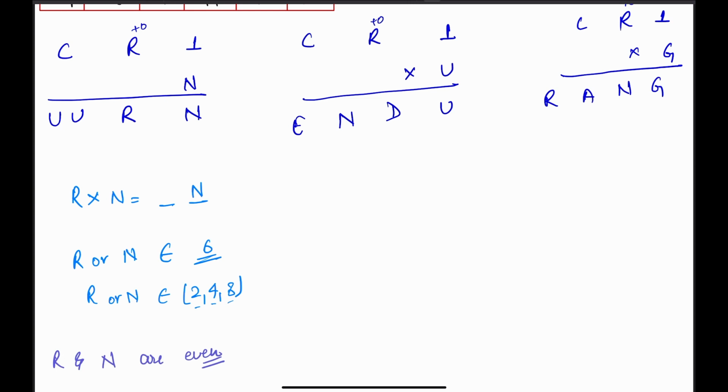So one thing I can say, either my R or N is even, R and N is 6. So let's take this possibility. See, let's take my R will be 6.